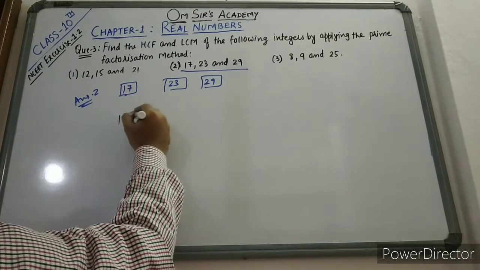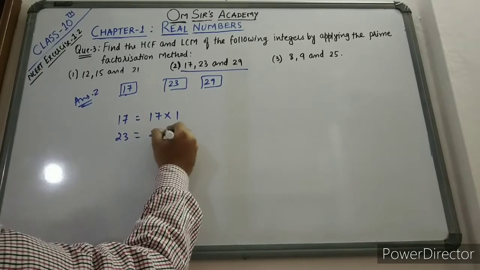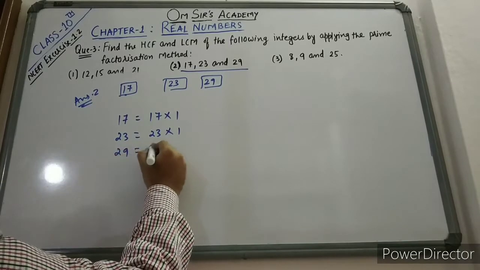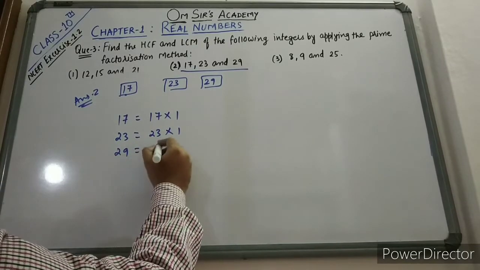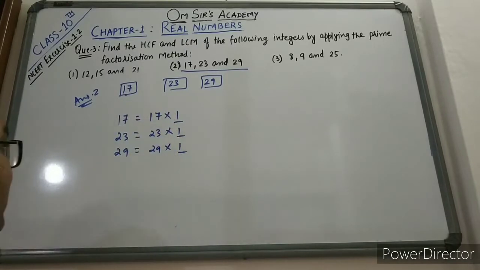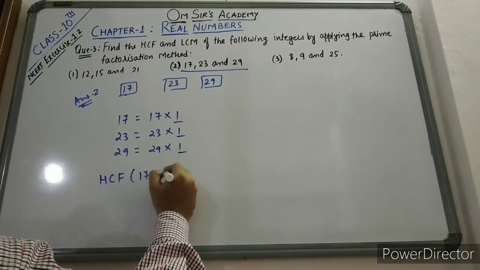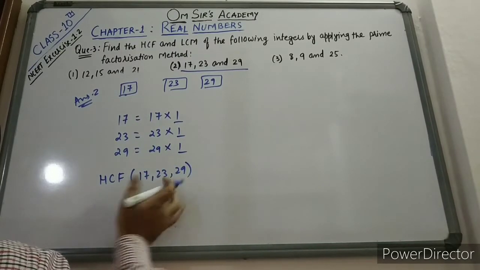So prime factor of 17 is 17 into 1, 23 का prime factor 23 into 1 and 29 का prime factor 29 into 1. So in all these three are prime factors. So HCF will be 1. HCF of 17, 23 and 29 as they are co-primes.